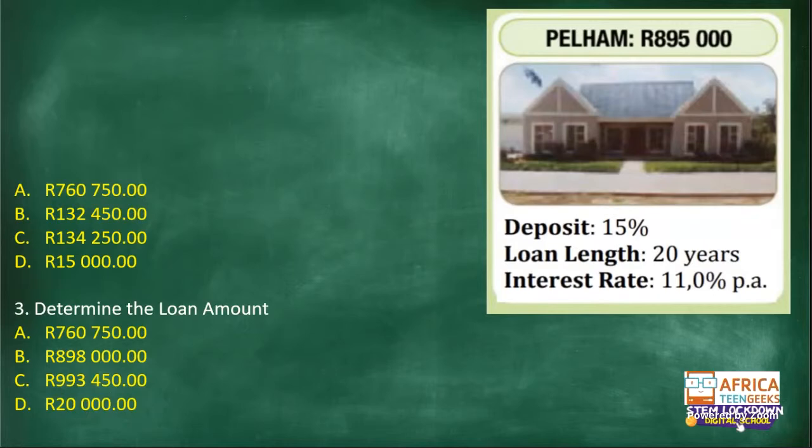And of course, if you divide 15 by 100, and then you multiply the answer by 895,000, you will be able to see the answer. 15 divided by 100 gives you 0.15. And if you multiply 0.15 by 895,000, you will get 134,250.